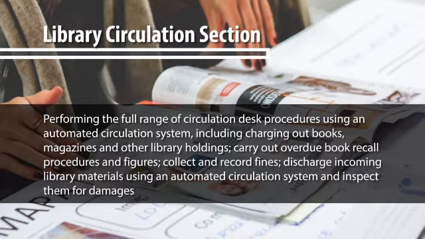It includes the charging of books, magazines, and other library holdings. The circulation section is also involved with overdue books, which can be recalled by the library circulation desk if a book is overdue for a particular period of time.